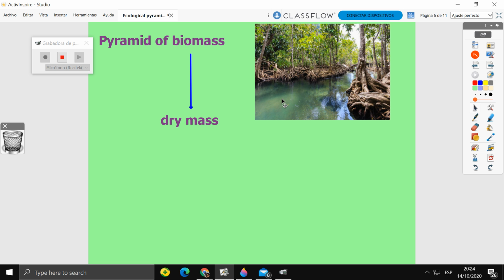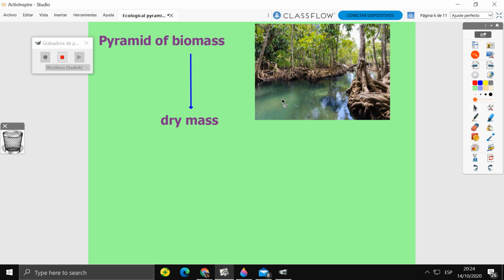When we consider the dry mass, we don't have to take into account the water content. So what is the dry mass? Everything that composes an organism except the water. We refer to carbohydrates, lipids, proteins, nucleic acids, vitamins, and all the mineral ions.